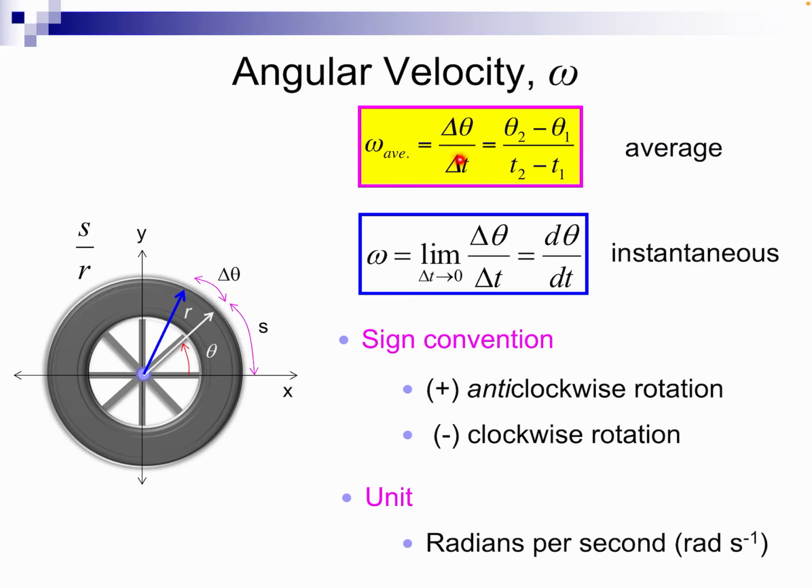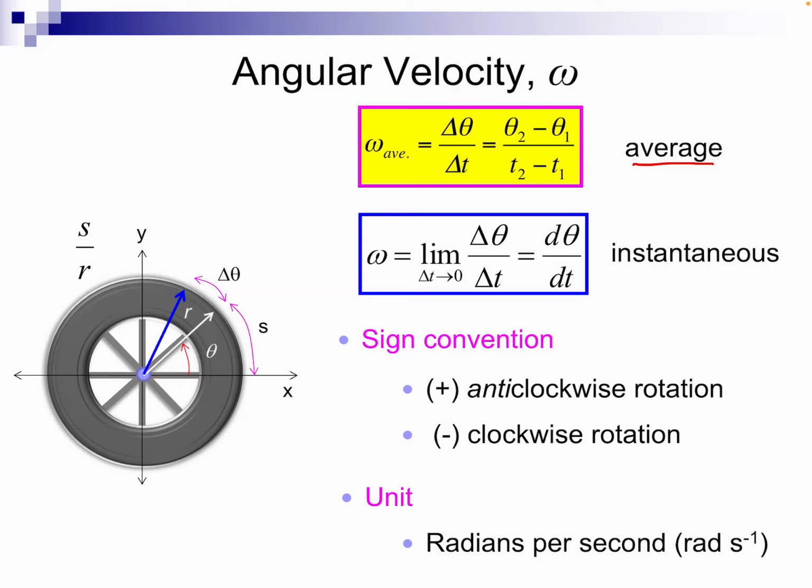If we're looking at a time interval delta t, the interval for which the position angle theta changed, then we are talking about average velocity. So average angular velocity takes a finite time interval over which the position theta changes.